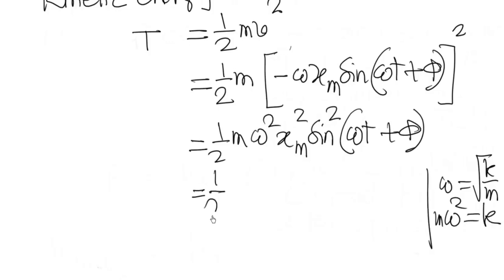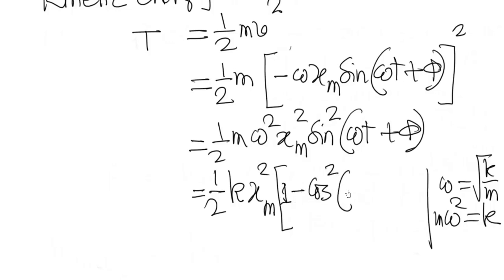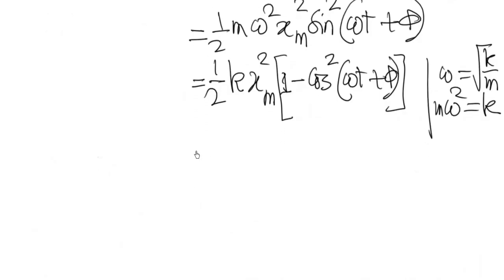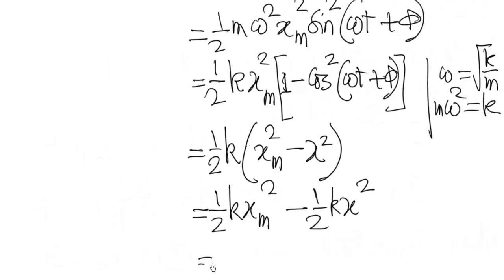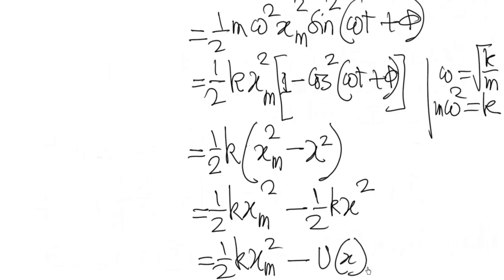We put here, and this xm square, this one is 1 minus cos square, and which can be written as U of x.